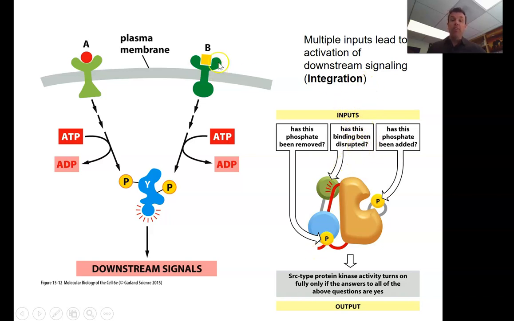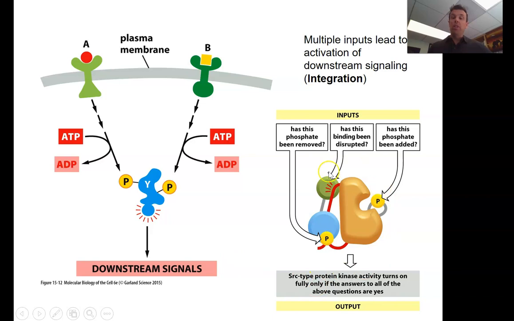So maybe another signal caused the transcription and activation of that second ligand that has to bind to this domain. And then maybe there's a third signal yet that has to add this phosphate so that the active site is open. So all 3 signals need to occur, all 3 ligands need to have been there, all 3 conditions need to be met for this to be active. There's your binary switch mechanism.